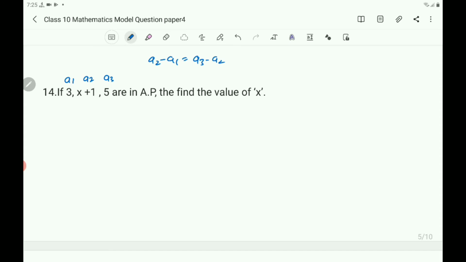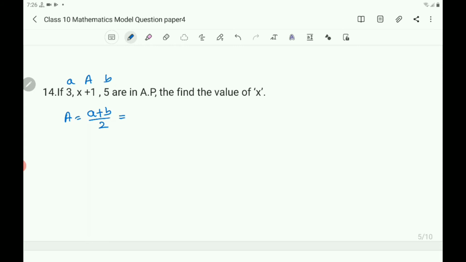This also you can use, or otherwise if you consider this is the arithmetic mean of A and B. So this first term you consider A and the third term you consider B, and the middle term is the arithmetic mean of this A and B. So the formula is there, the mean equals A plus B by 2.